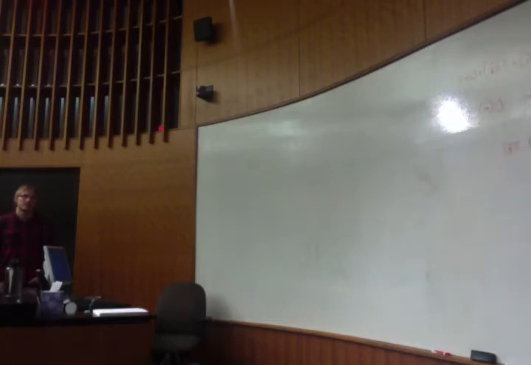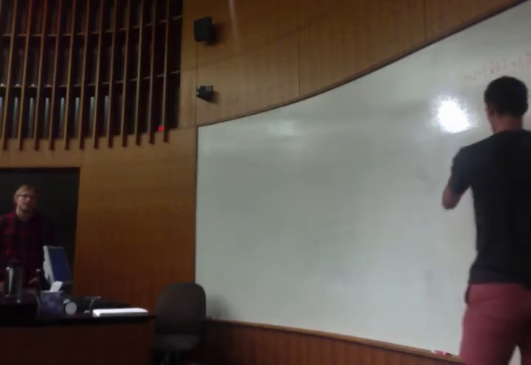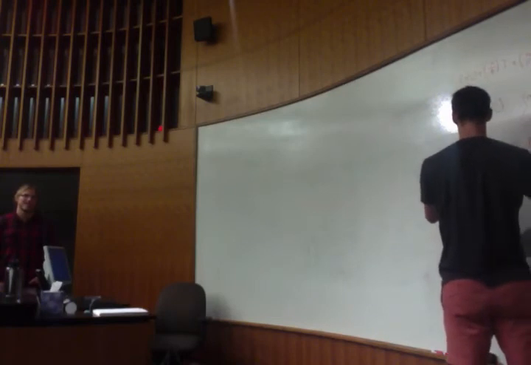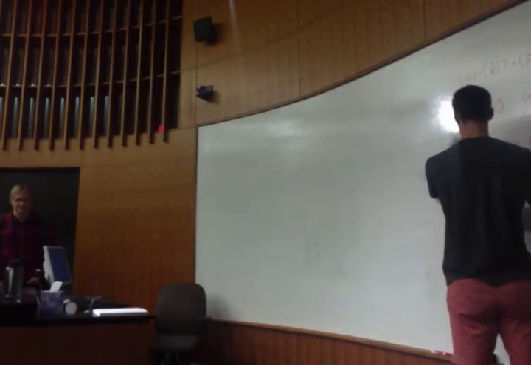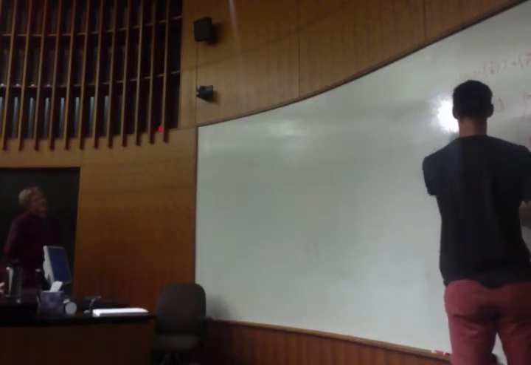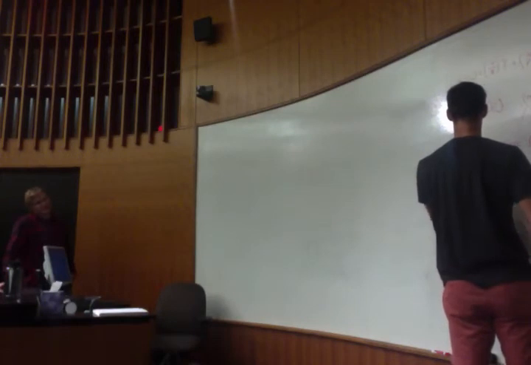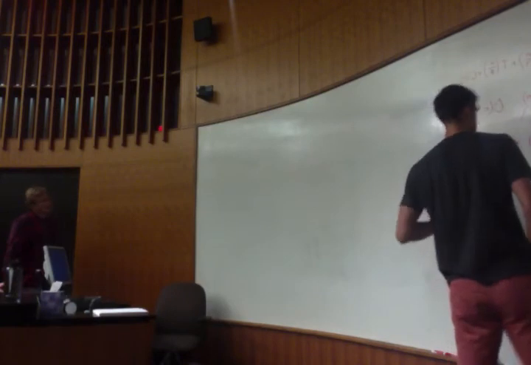How much work do I do in this level? 7/8 n, right? Why is that? T of n over 2 does O of n over 2 work. This does O of n over 4 work. This does O of n over 8 work. Be careful with those. At least in terms of expressing it, it's 7/8 times O of n.